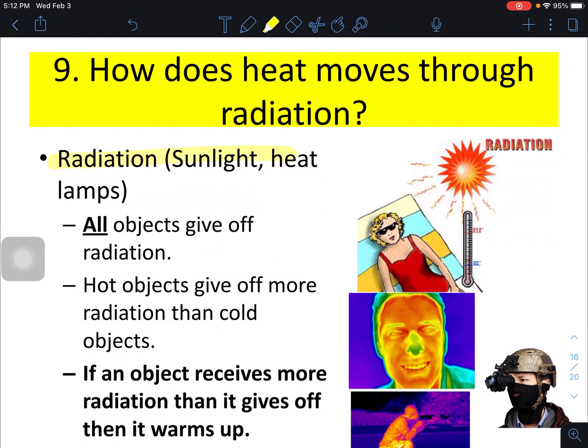Radiation is heat of the sun and lamps, light. All objects give off radiation. Hot objects give off more radiation than cold objects. If an object receives more radiation than it gives off, then it warms up.